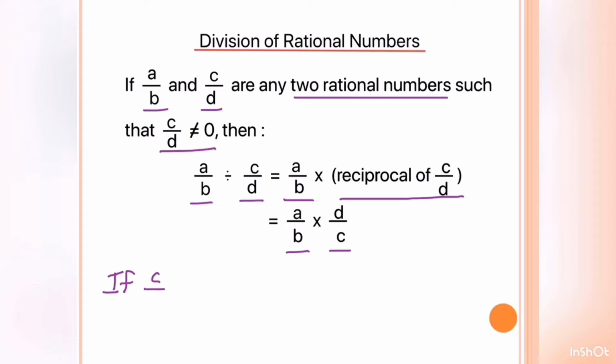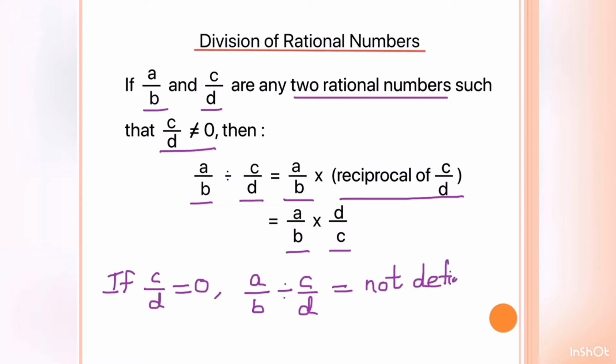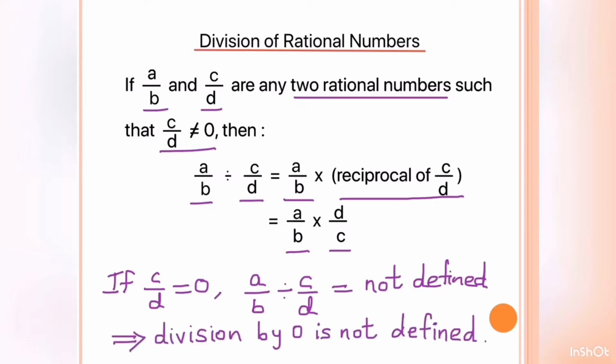If c by d is equal to 0, then the division a by b divided by c by d is not defined. This implies that division by 0 is not defined.